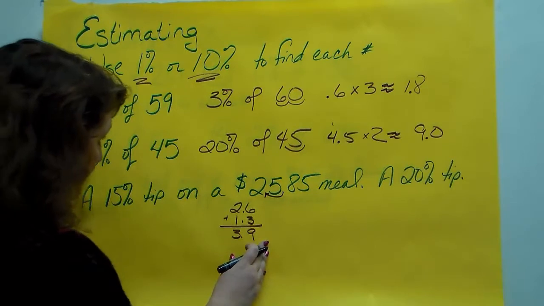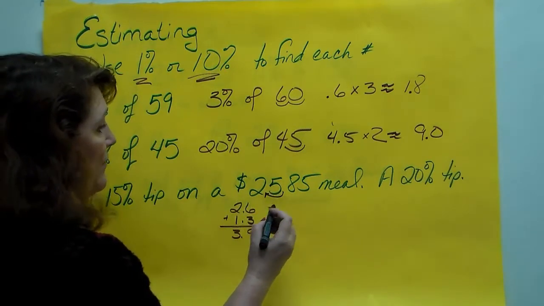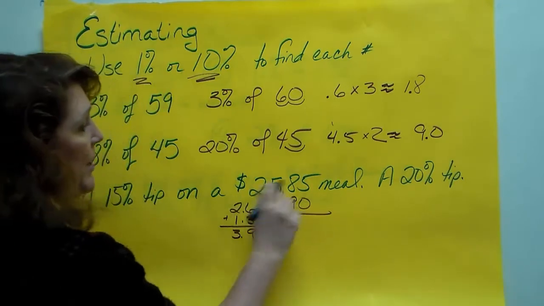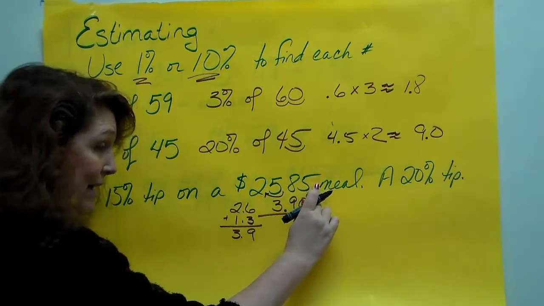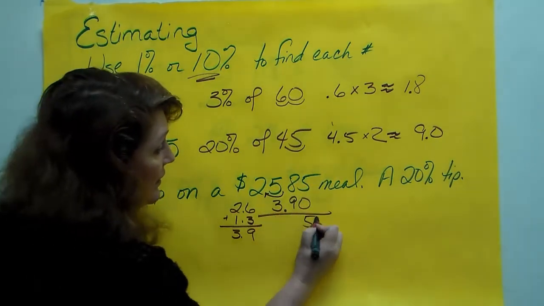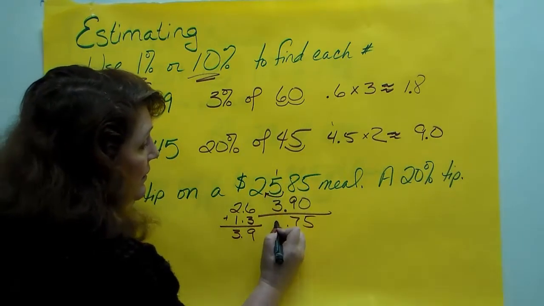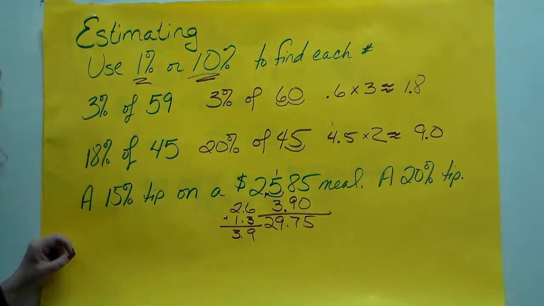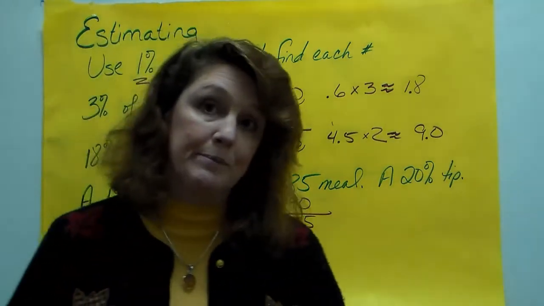So I'm going to add $3.90 to my $25.85 meal, and I'm going to spend $29.75 on this meal with tip.